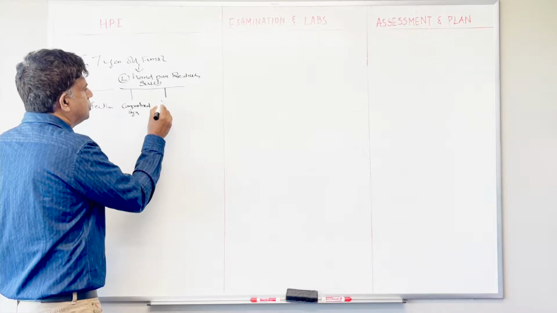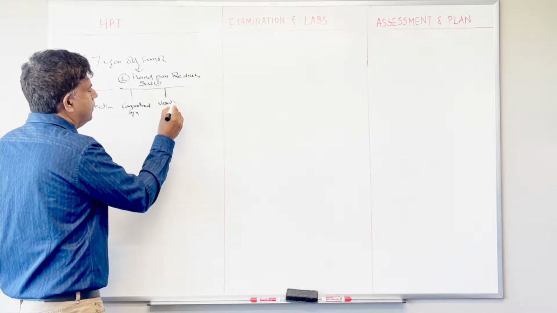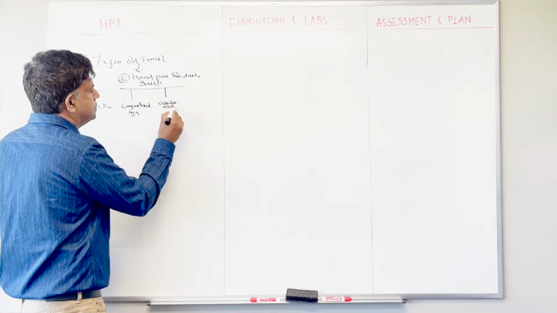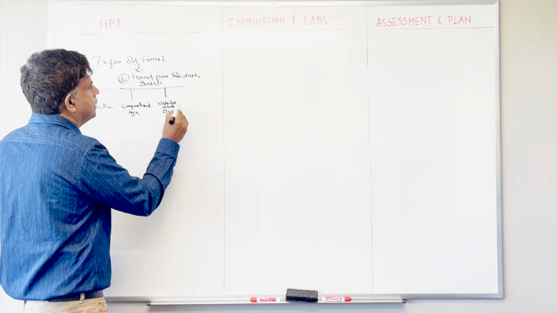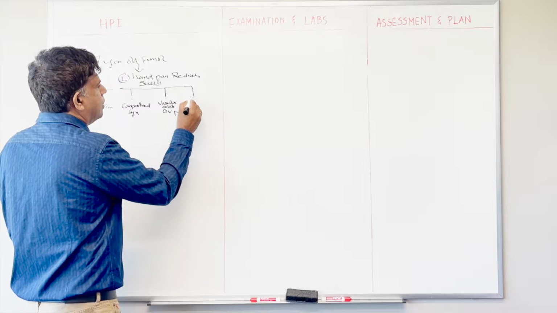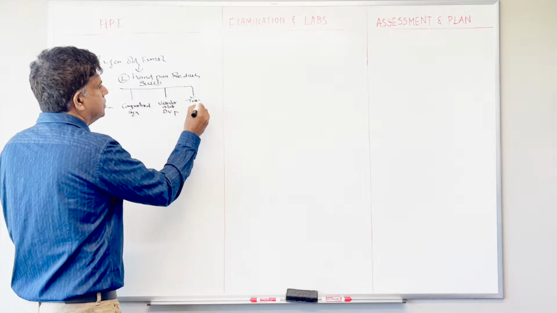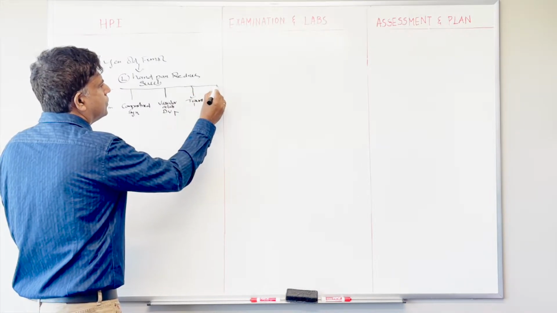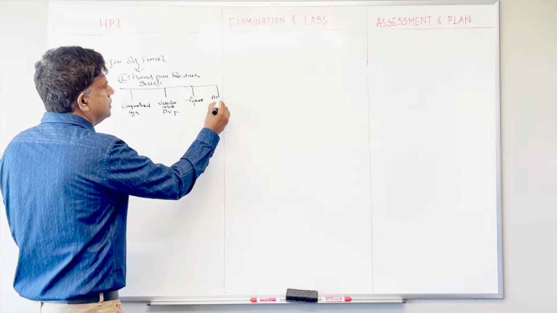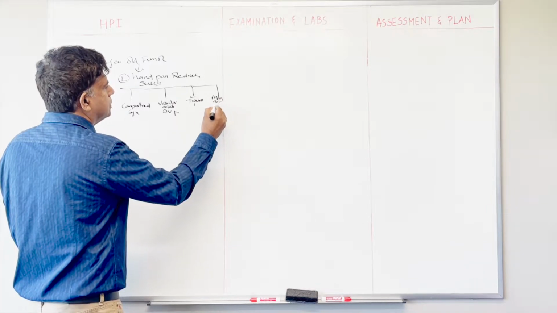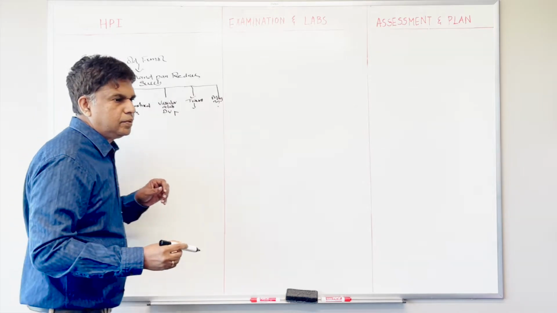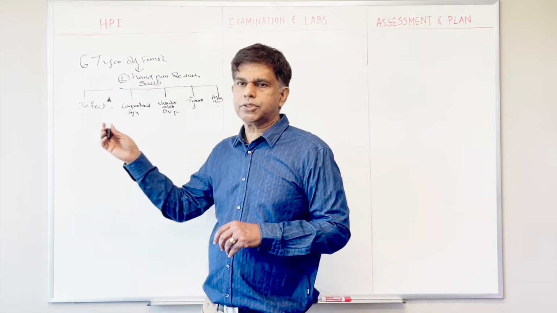Maybe vascular occlusion, like DVT. And then what else? Trauma, somebody fell down. And then of course there is malignancy also. So these are the broad differential diagnoses.